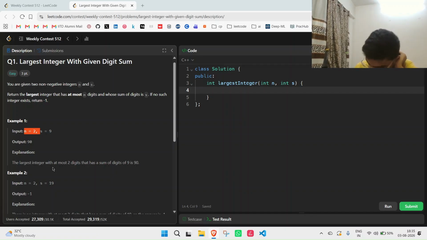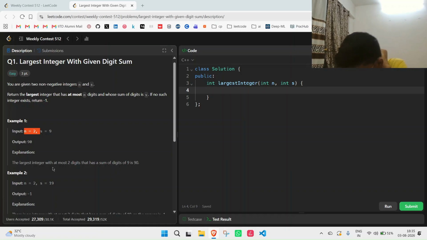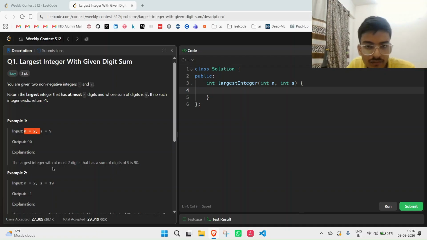If n is 2, then it's not possible. If n is 3 and sum is 20, is it possible? We have to deal in terms of 9 maximums, so we have to incorporate 9 at the hundreds place, the first most significant digit.